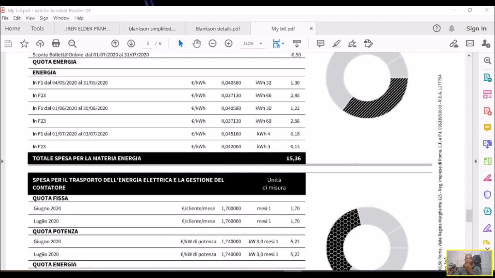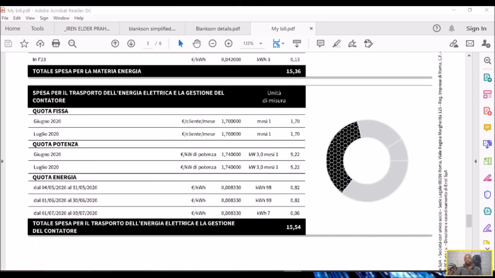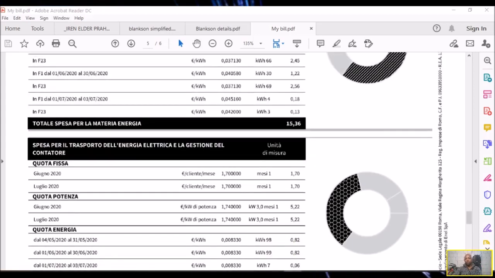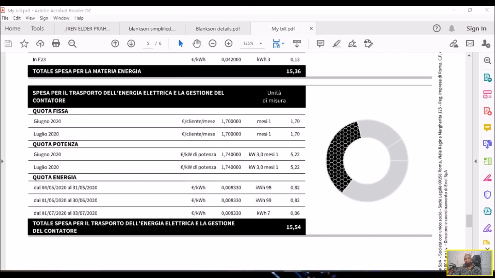The same as this period of June, F1 is 30, F2 and 3 is 69, and the total of these two gives you 99. And then the 3 days of July, the total of F1 and F2 and 3 gives you 7.